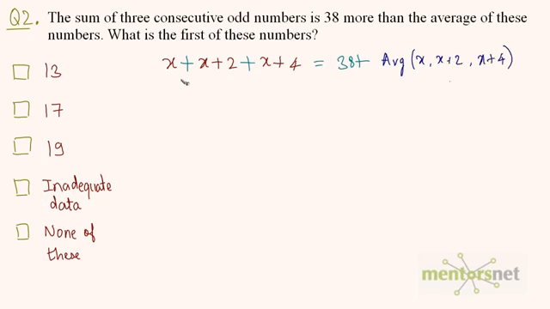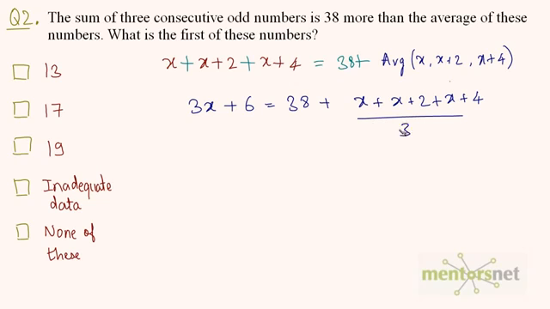So let us add these up: x plus x is 3x, plus 2 plus 4 is 6, is equal to 38 plus the average, which is the sum of x, x plus 2 and x plus 4 divided by the total count of numbers, which is 3.